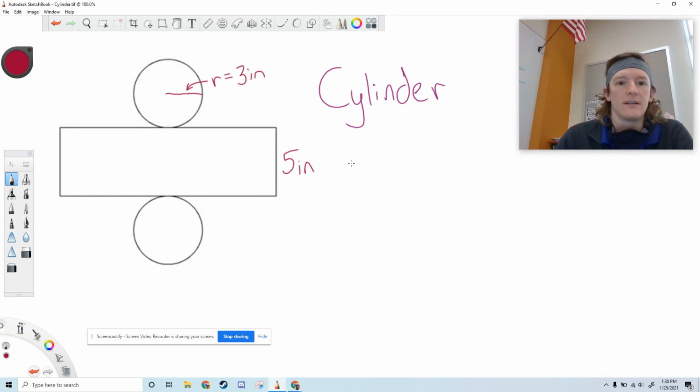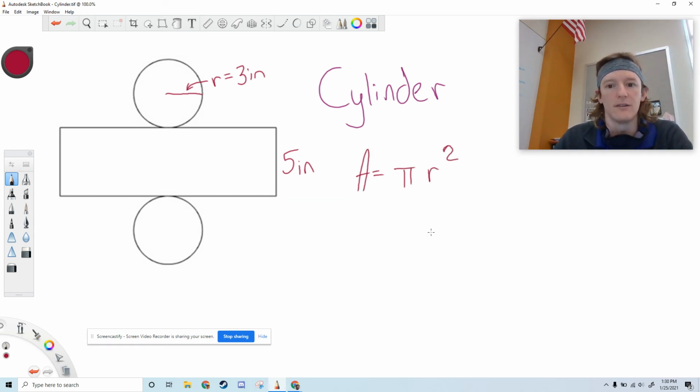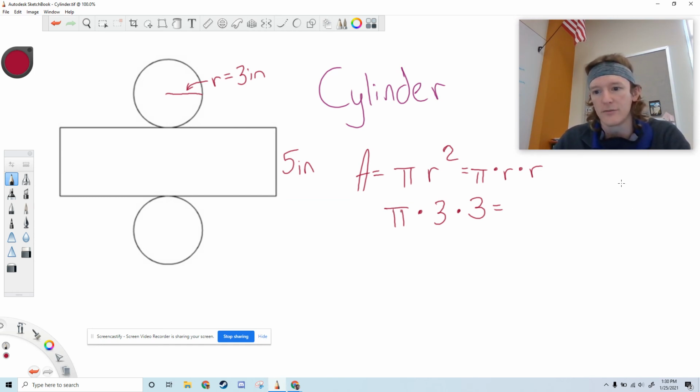So let's do the circles first. The area of a circle is pi times the radius to the second power, or pi times the radius times the radius. So it's going to be pi times 3 times 3. For pi, let's just do 3.14. I'll do my work over here. 3 times 3 is 9, so I'm going to multiply 3.14 by 9.